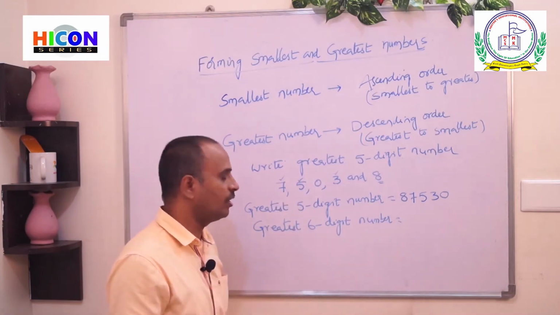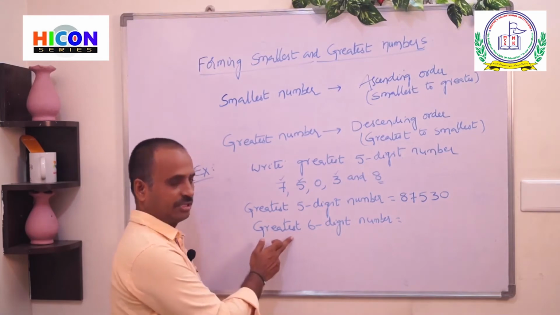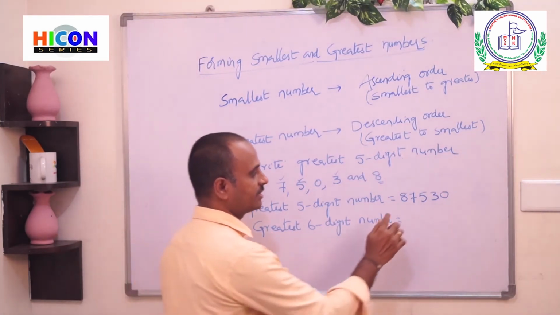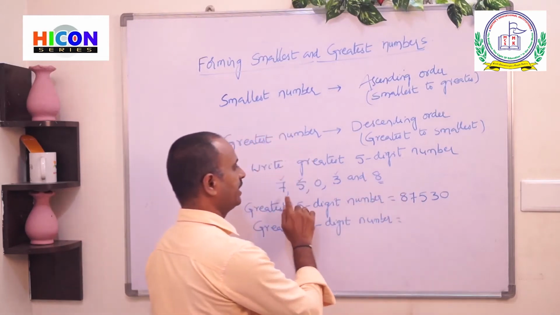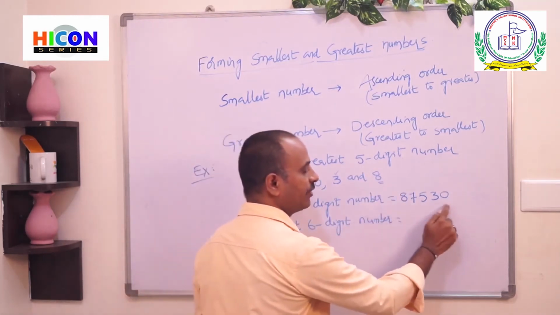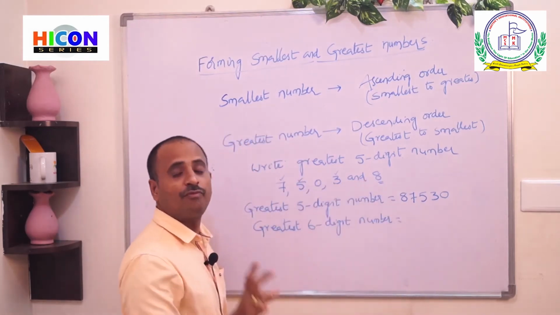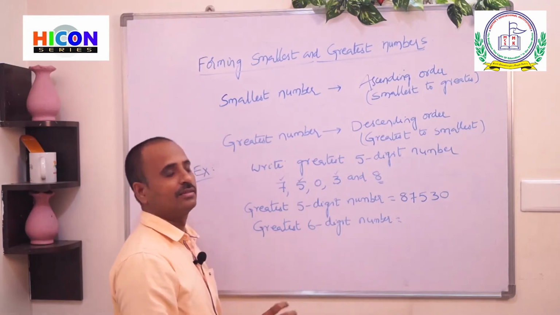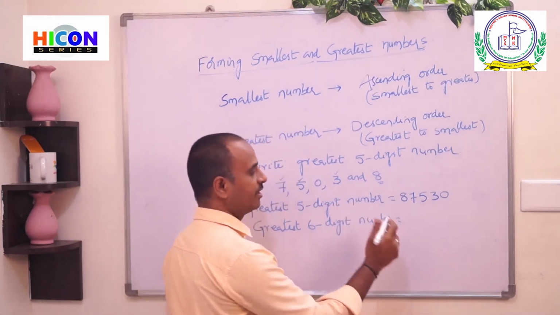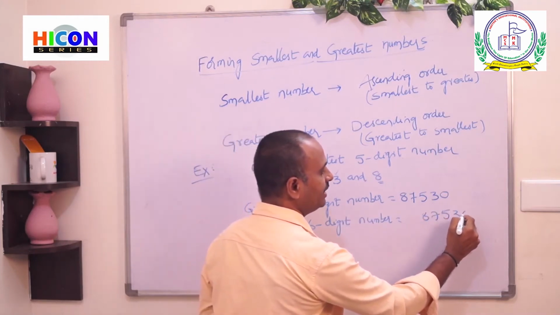So how can we form the greatest 6-digit number? But there are only 5 digits: 7, 5, 0, 3 and 8. So first write the given digits in descending order, that is 8, 7, 5, 3, 0.